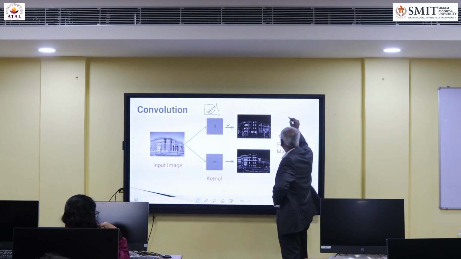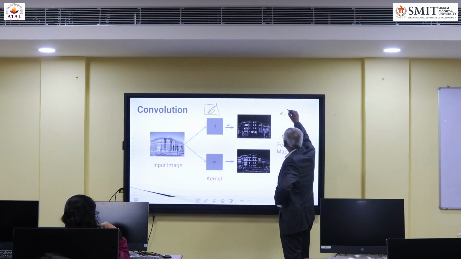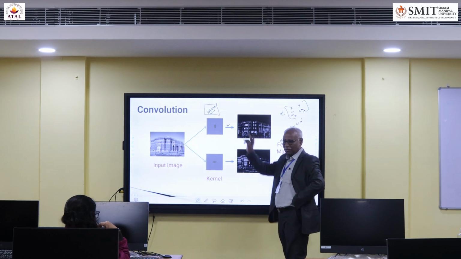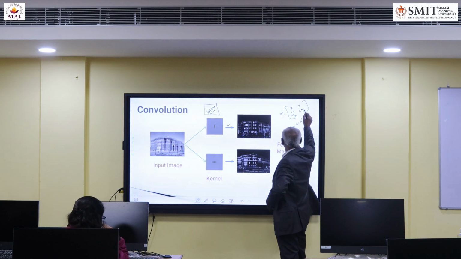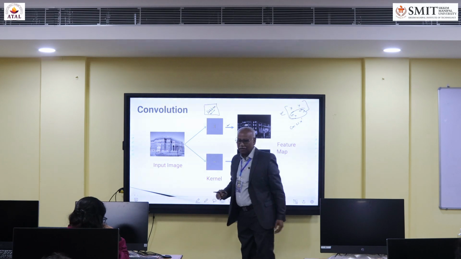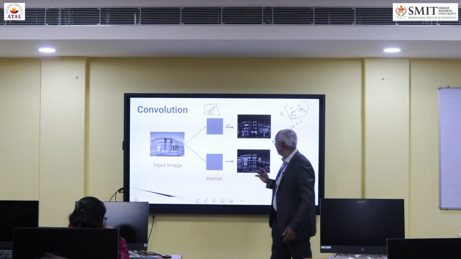There we had some exponential, some term that involves x, y, sigma x, sigma y. Then we had cosine omega x prime. We had this expression, right? This sigma x, sigma y tells you how wide this kernel is.